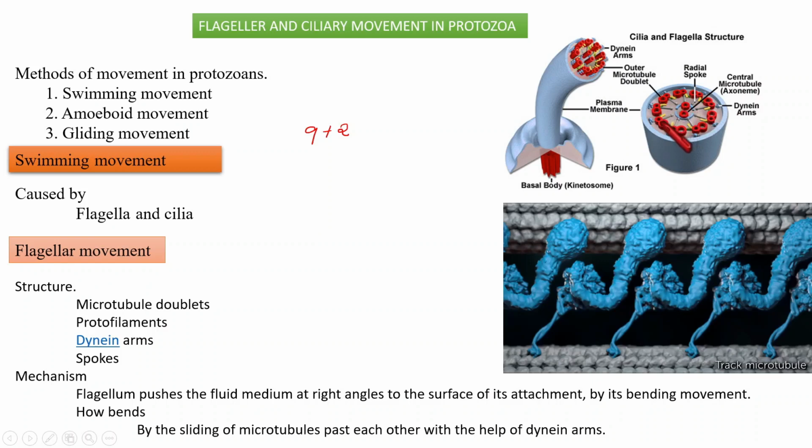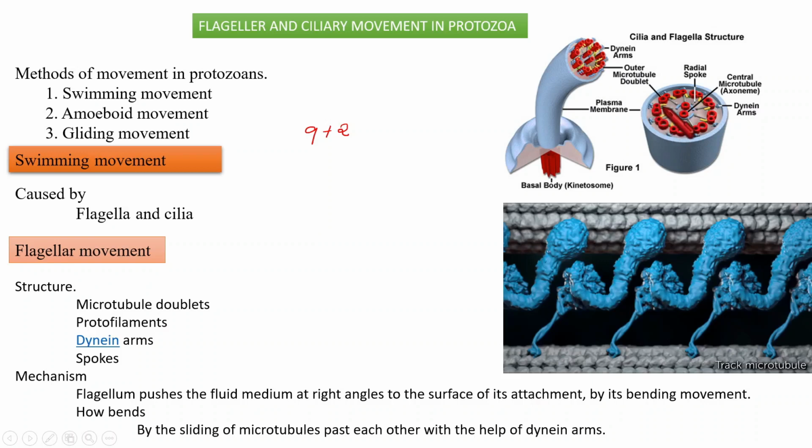So let's count: 1, 2, 3, 4, 5, 6, 7, 8, 9. Nine duplexes and one central separate duplex. That is the arrangement. Next, we need to understand each microtubule.